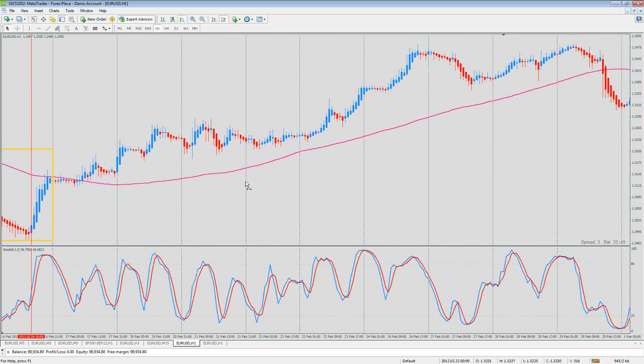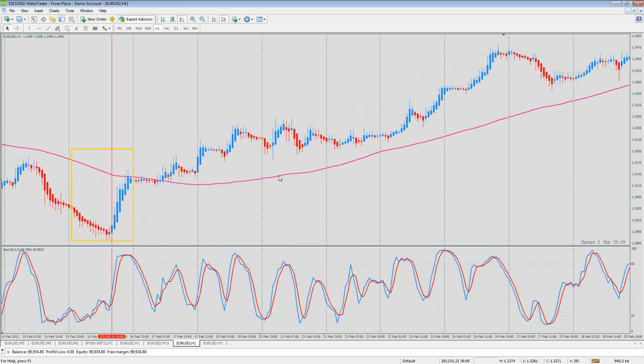So anywhere you see a retracement, it doesn't have to retrace all the way back to the moving average, but some retracement and then reversal, especially with reversal candles and crossing of the Heikin Ashi. Every time you see this pattern, you can look for an entry and enter with the trend.